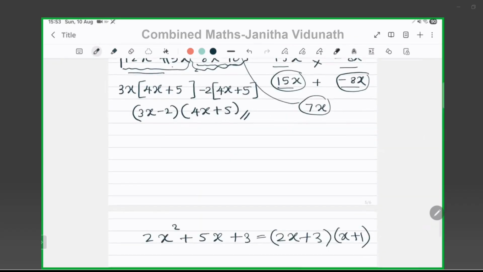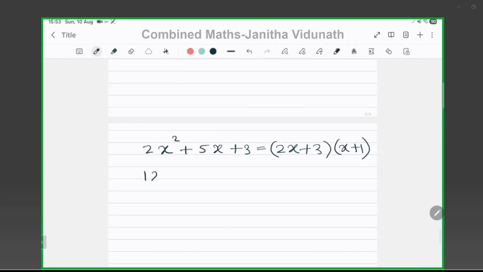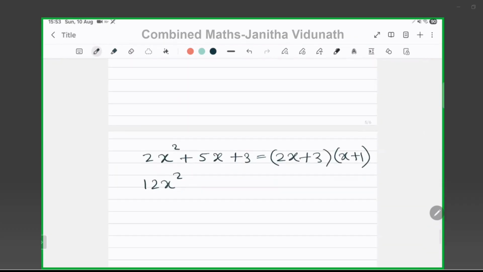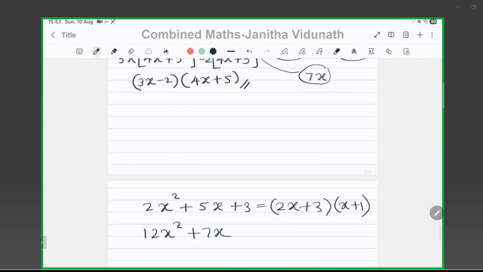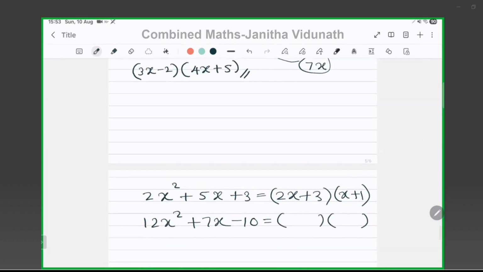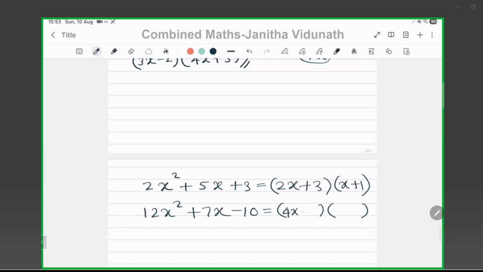The other question is 12x square plus 7x minus 10. Then we got the two factors of this as 4x plus 5 and 3x minus 2.